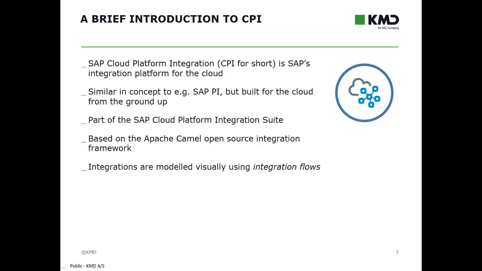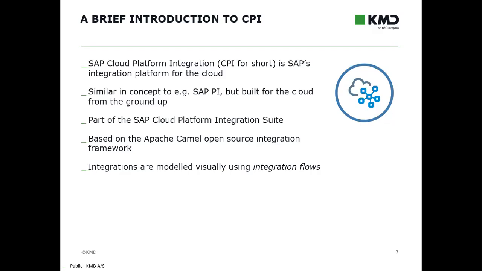From a high-level viewpoint, it's very similar in concept to the on-premise integration platforms like SAP PI, but CPI is built specifically from the ground up for the cloud. It's part of the product category called SAP Cloud Platform Integration Suite, along with services like API management and the open connectors, enterprise messaging, and so on. Under the hood, it's based on the Apache Camel open source integration framework.